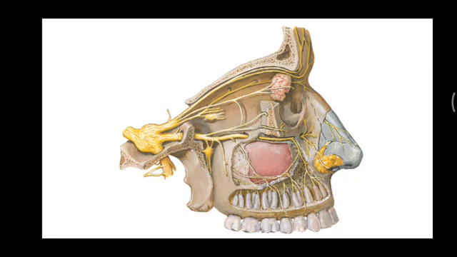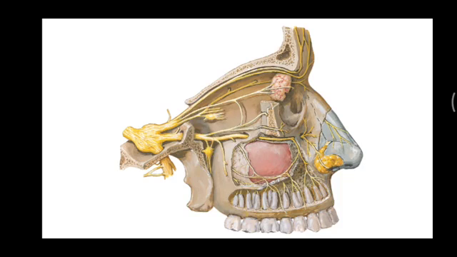So from here onwards, you can call this nerve the infraorbital nerve. Then, while in the pterygopalatine fossa, this pterygopalatine ganglion, which is a nodular structure appearing in this region, will be hanging from the maxillary nerve by two roots.